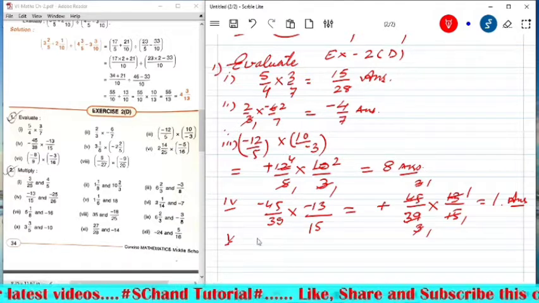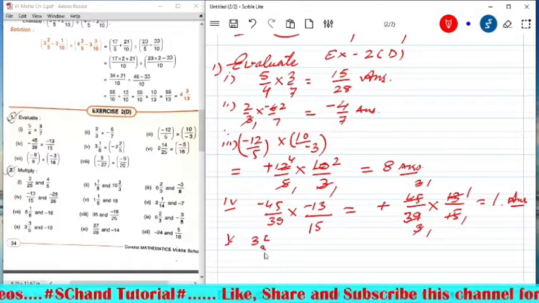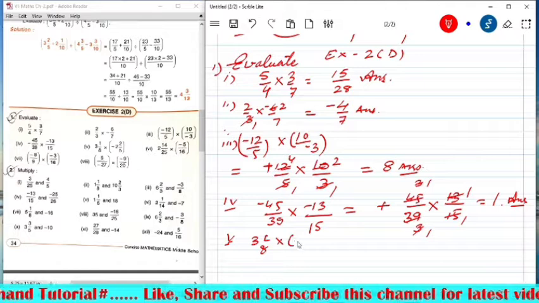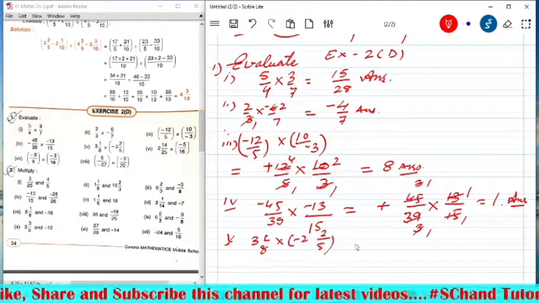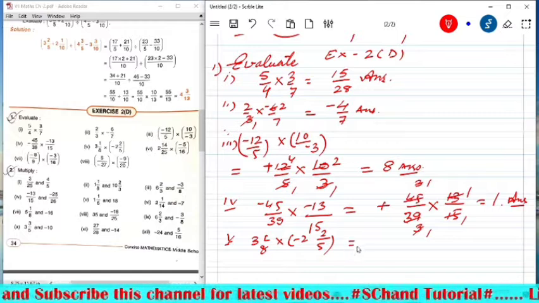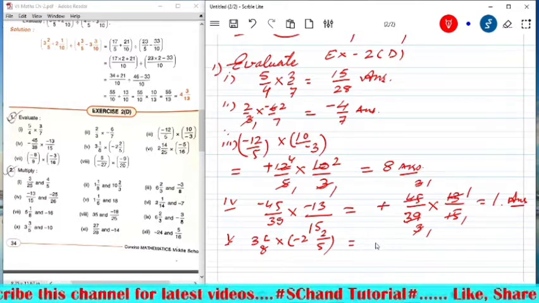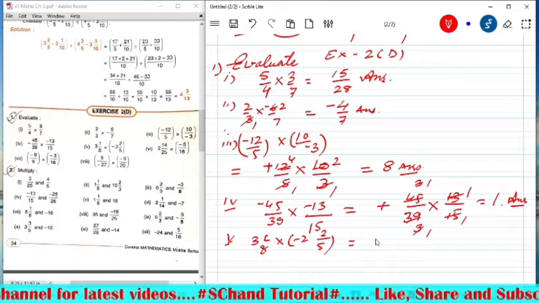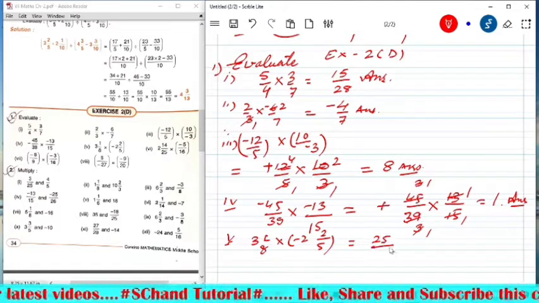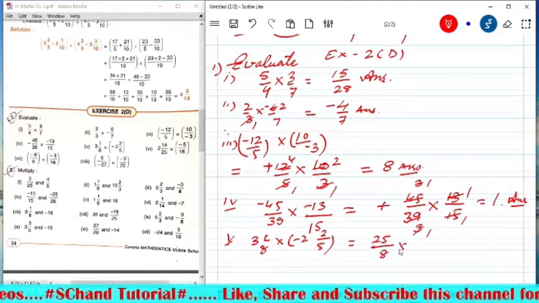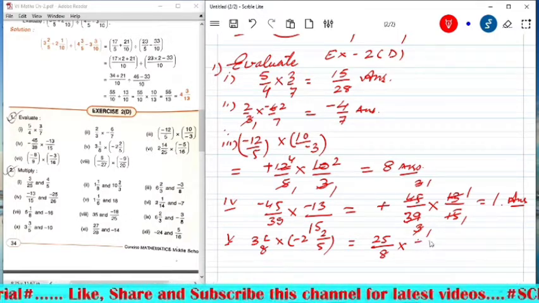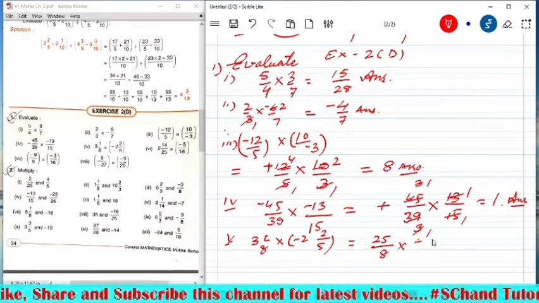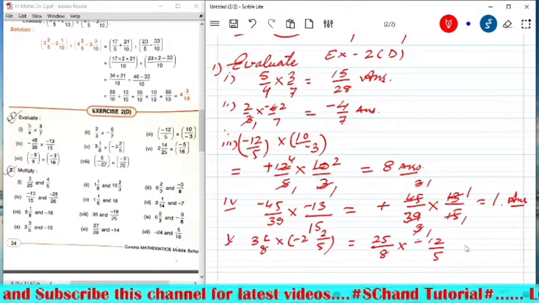Then number 5, 3 and 1 over 8 into minus 2 and 2 over 5. These are mixed fractions, so we will first make them improper fractions. 8 threes are 24 plus 1, 25 over 8, into minus, 5 twos are 10 plus 2, 12 over 5.